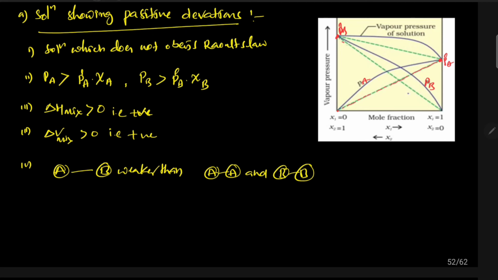This is the ideal solution graph. Since AB interactions are weaker, molecules escape more easily from the surface of the solution than in the pure state. Therefore, the vapor pressure of the solution will be higher than the ideal solution graph.